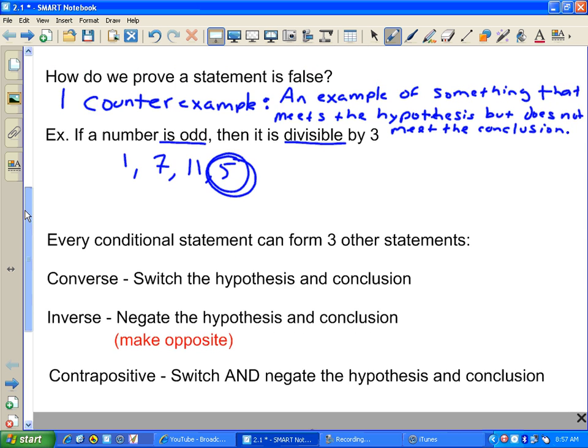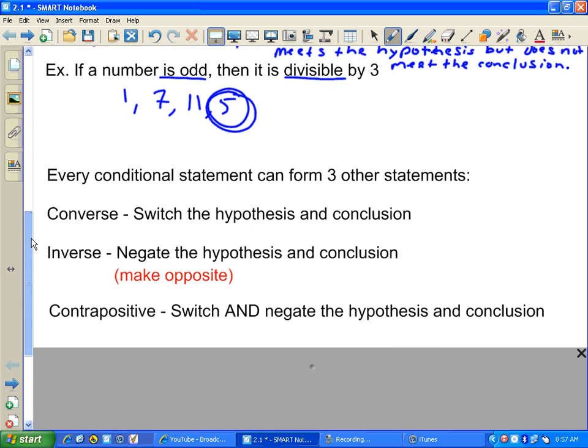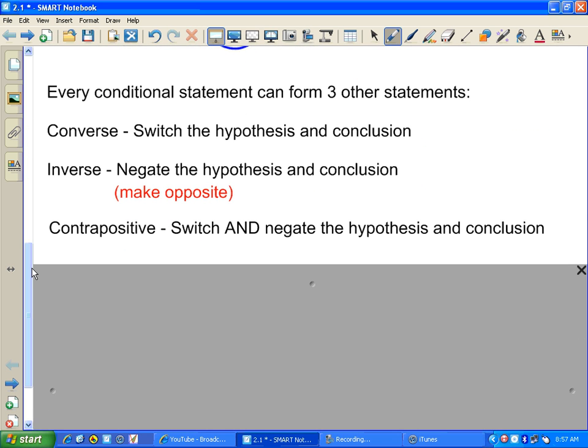So I'm going to use my original example. Okay, if an animal is a mammal, then it breathes oxygen. The converse is going to switch those around. So if an animal breathes oxygen, okay, now that part comes first.